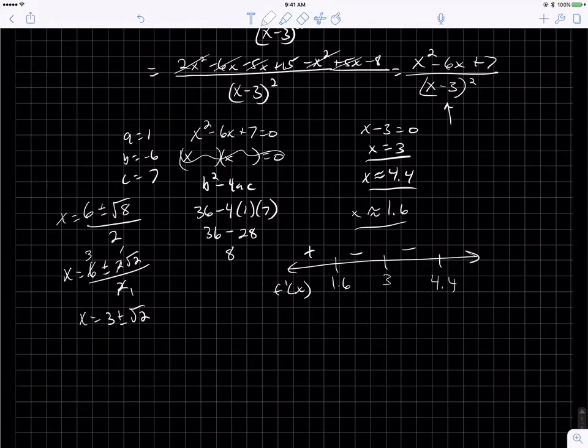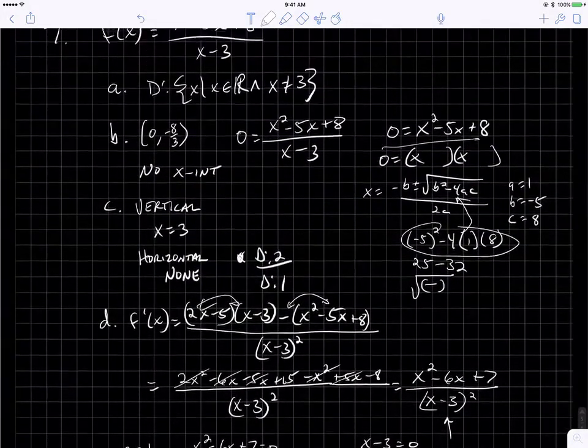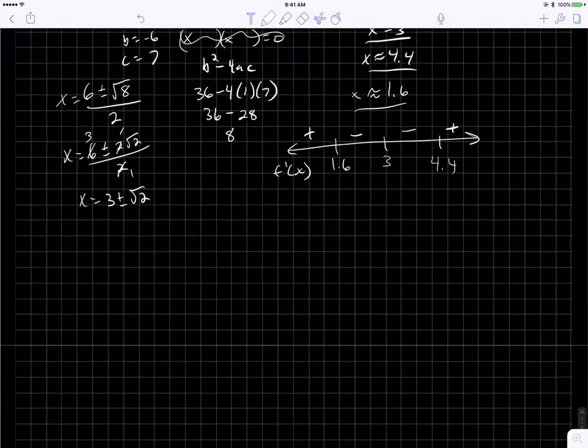Yeah, that's negative 8 plus the 7. Then if I plug in a 5, I get 25 minus 30 is the negative 5 plus 7, that's a positive. So that was telling us extrema. At 3, there is an asymptote.